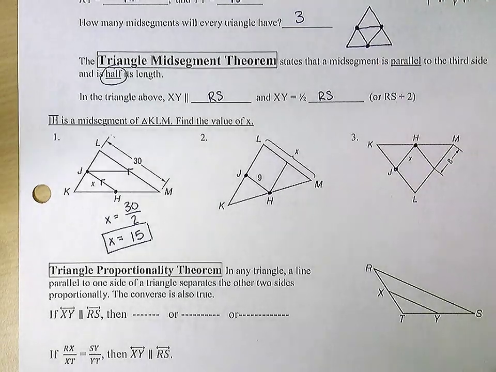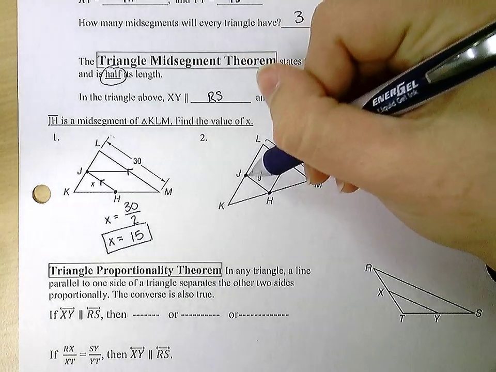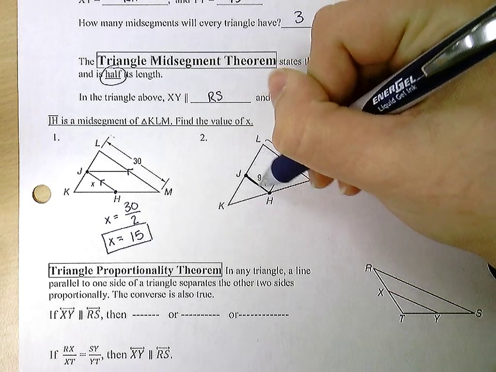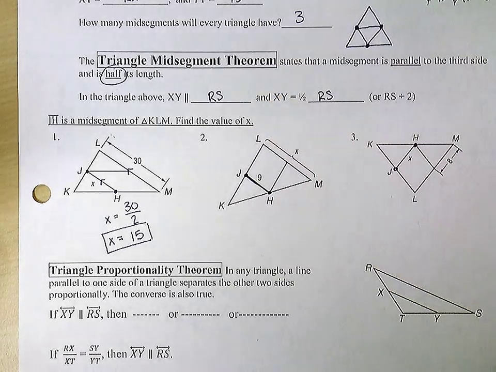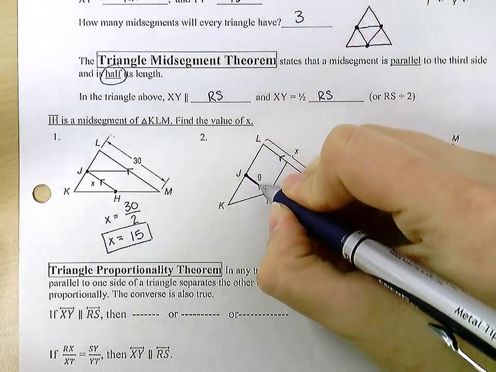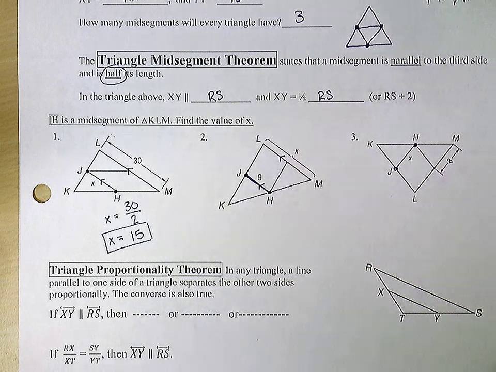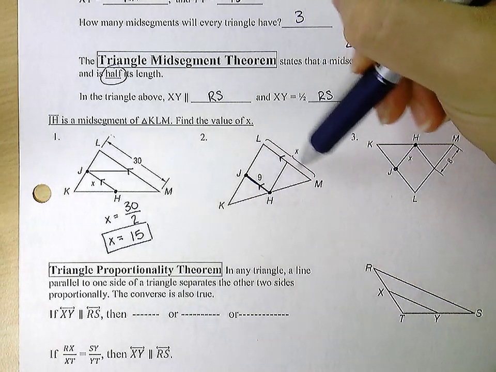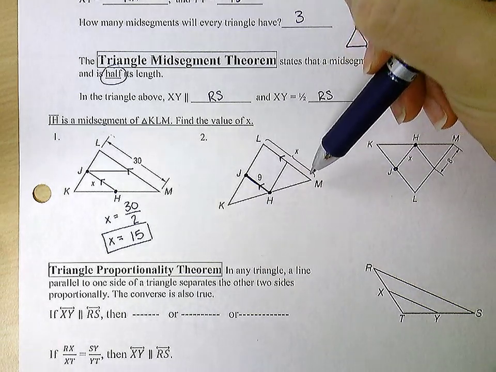Looking at the next one, number 2. This time I'm given JH is 9. Now my parallel side to JH is still LM. But this time my X value is LM.